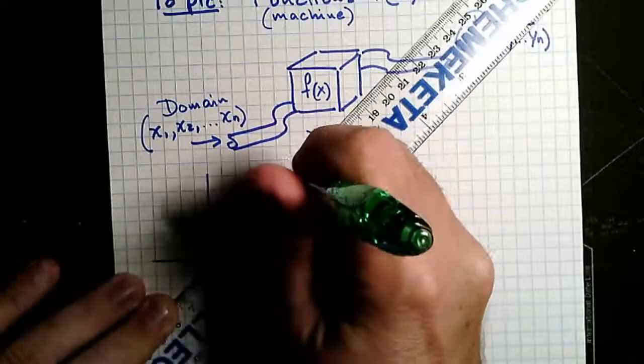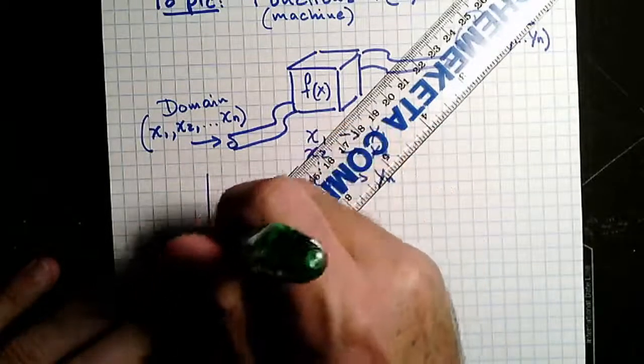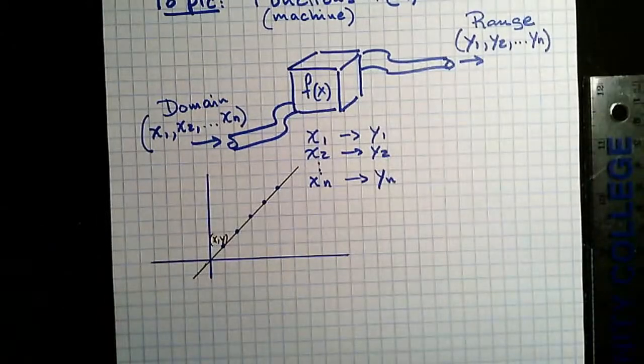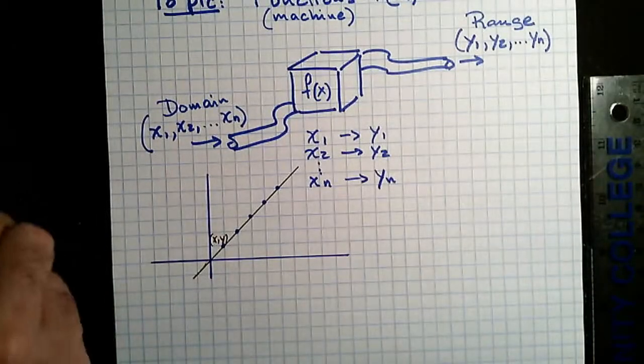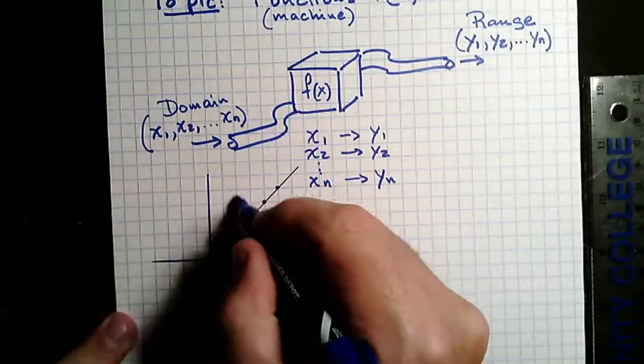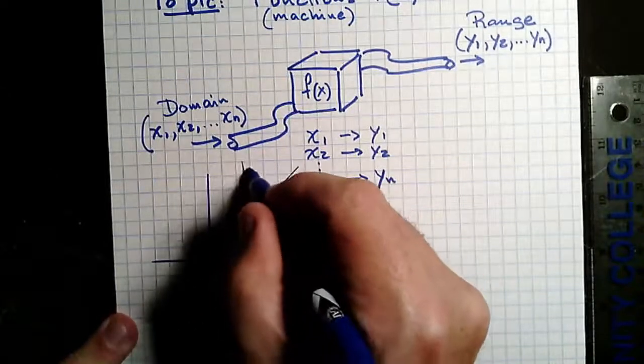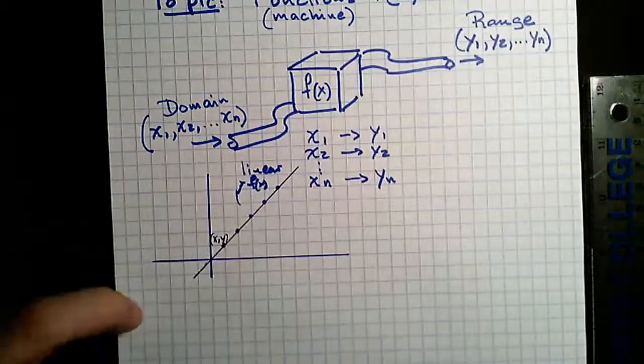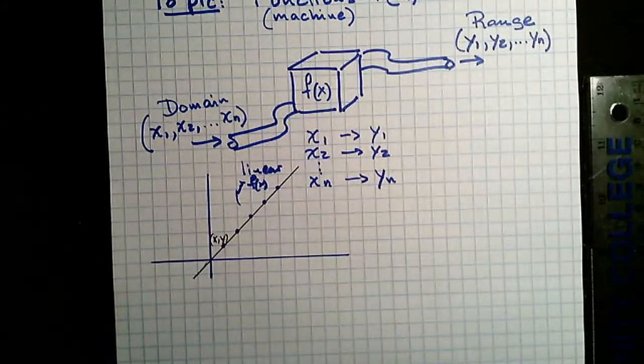If I draw a line here, I know exactly that this is a function called a linear function. So what is the most interesting thing about the linear function?